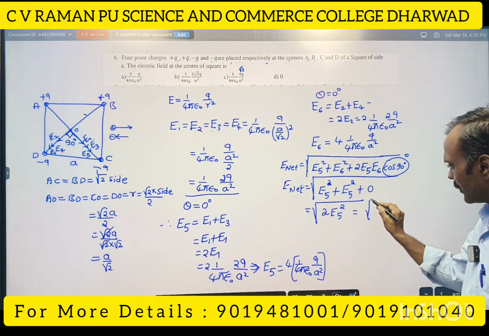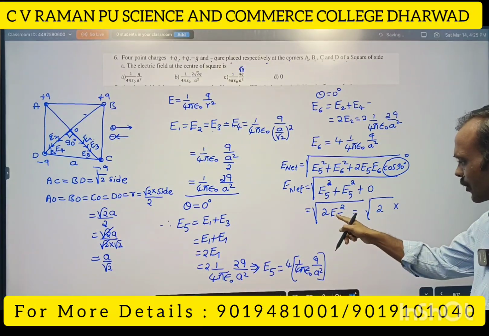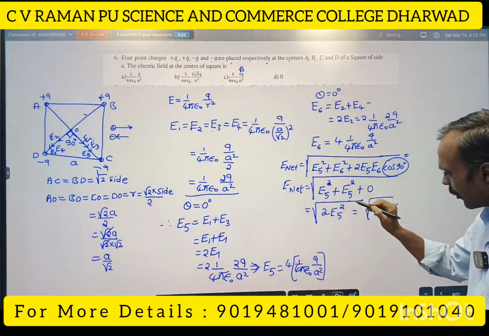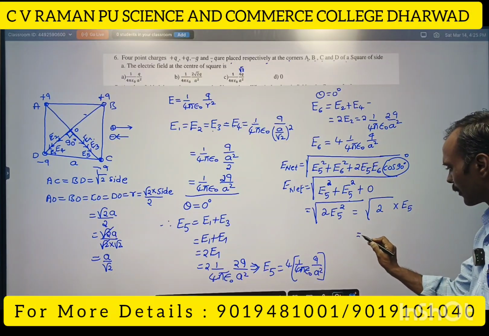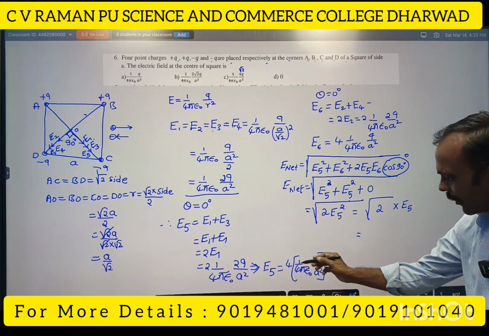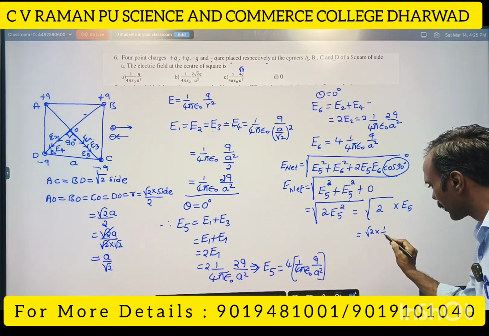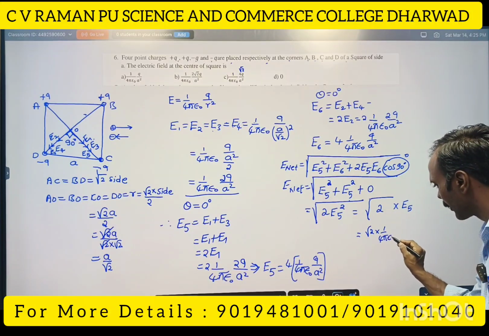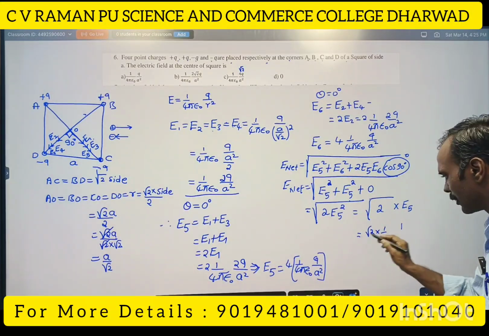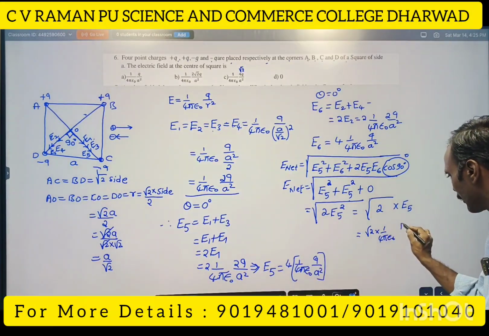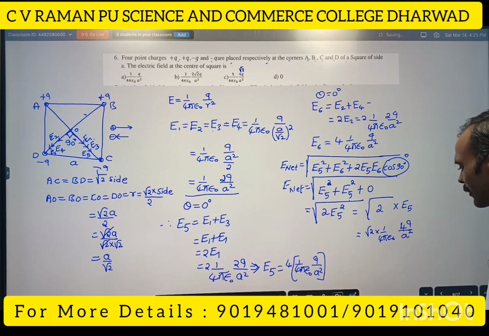So then I can write it as under root 2 E phi square, which gives root 2 E phi. Then what is E phi? E phi is equal to 1 upon 4 pi epsilon naught 4q divided by a square.